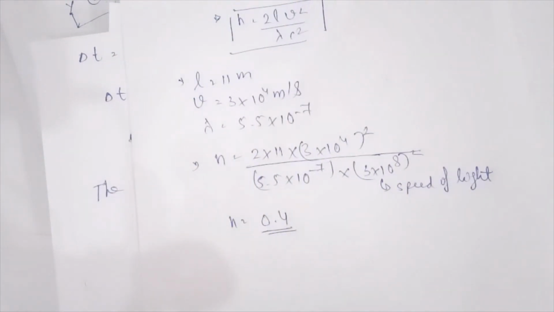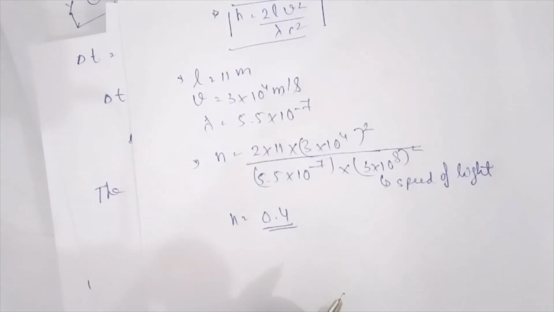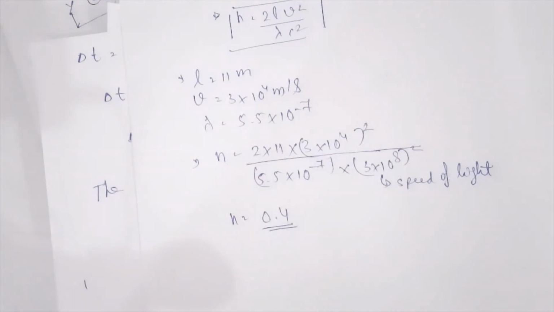So let me tell you a little bit of theory about this topic. Michelson and Morley were extremely surprised to see that no shift in the fringe was observed when the interferometer was rotated through 90 degrees. Michelson and Morley repeated this experiment in different places, at different times and different heights, but they always found no shift.